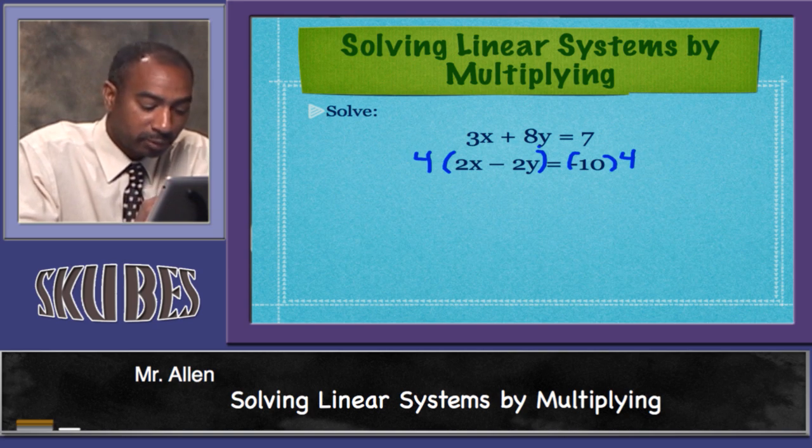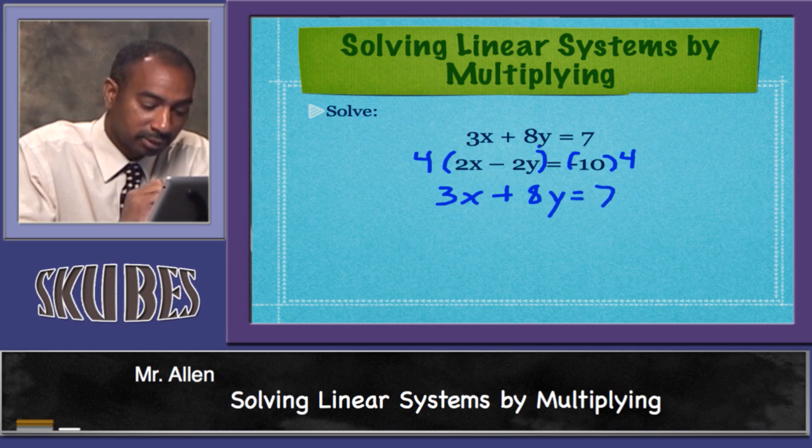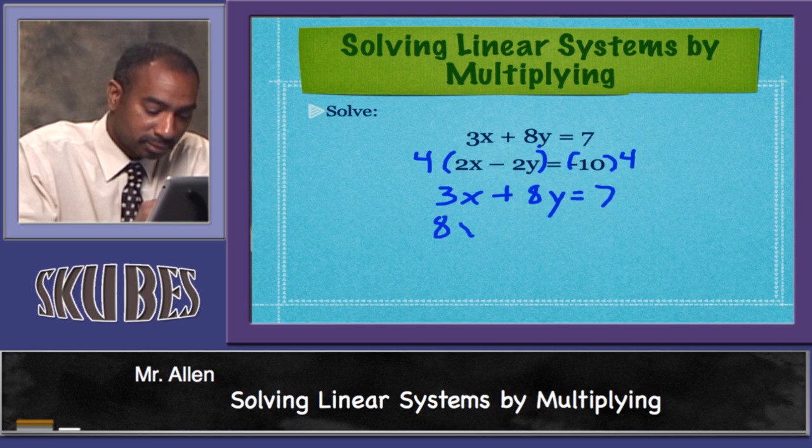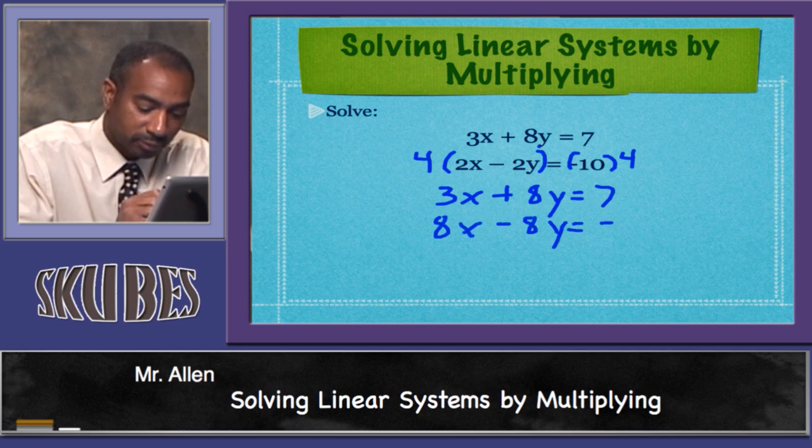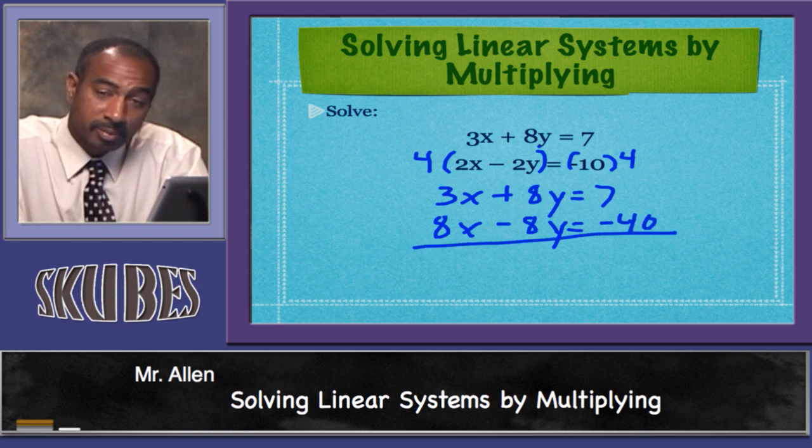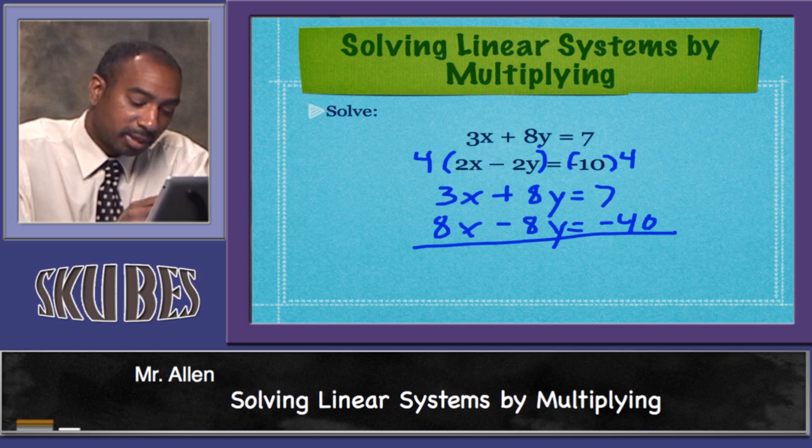Alright, when you do this, the top equation remains the same. I have 3x plus 8y equals 7. Here I have 8x minus 8y equals negative 40. And now I can eliminate the y term because I have an 8y and a negative 8y.